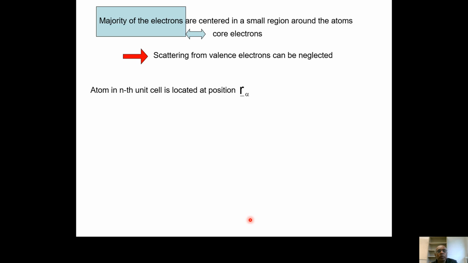So now, if you consider, like I said, the unit cell, remember we cannot consider all the atoms in the crystal, right? We are only going to consider the atoms in the unit cell. Suppose the nth unit cell is located at some position R alpha. Then inside the unit cell, you have the position for each atom in the basis.